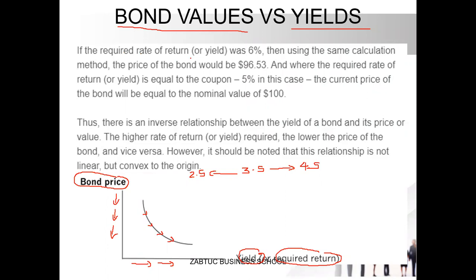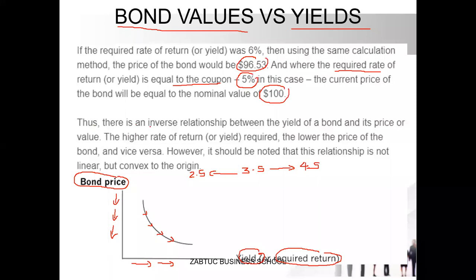If the required rate of return was 6, then using the same calculation method, the price of the bond was 96.3. And where the required rate of return or the cost of debt is the same as the coupon, the current price of the bond will be equal to the nominal value, which is 100.